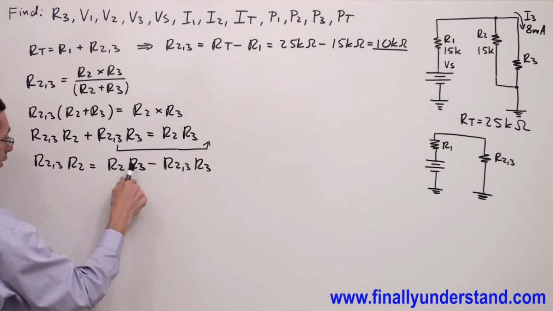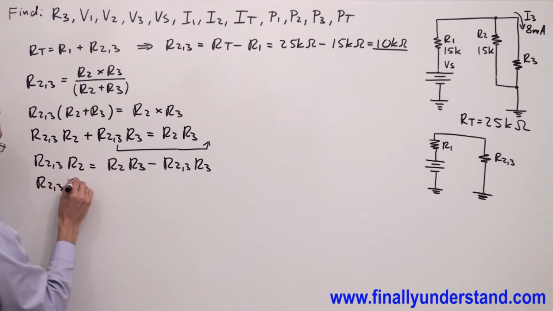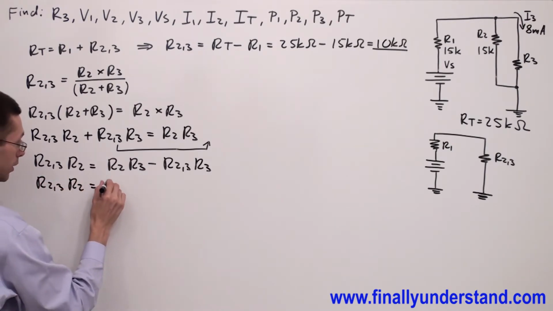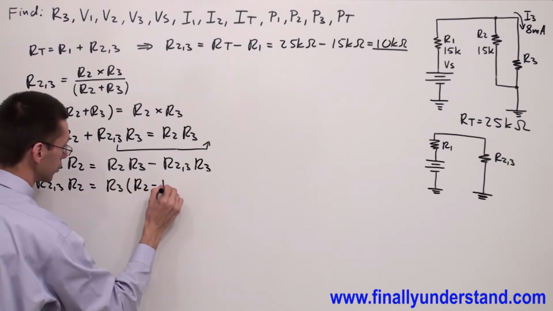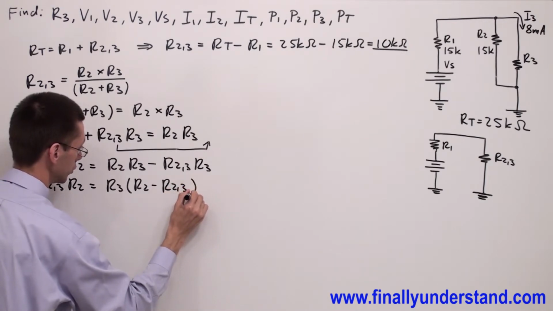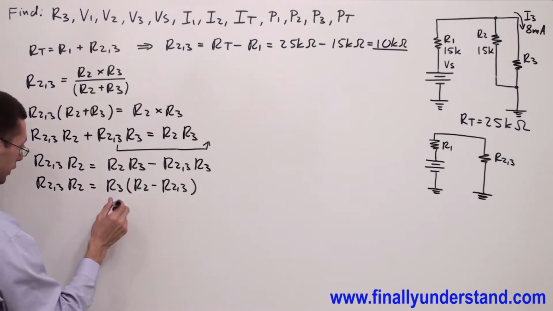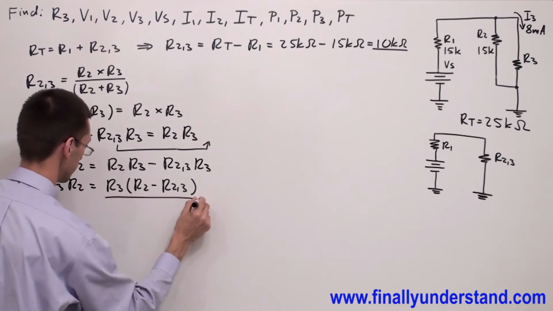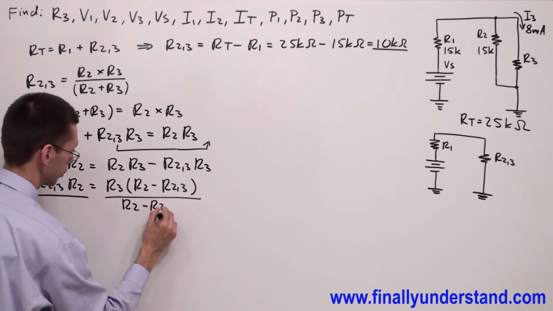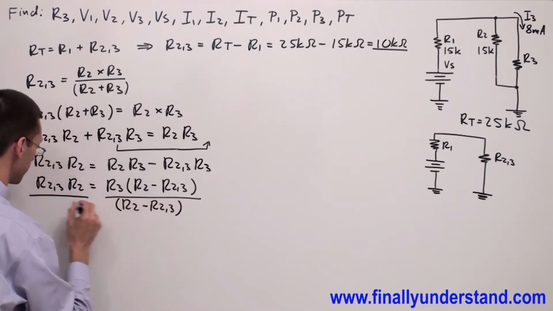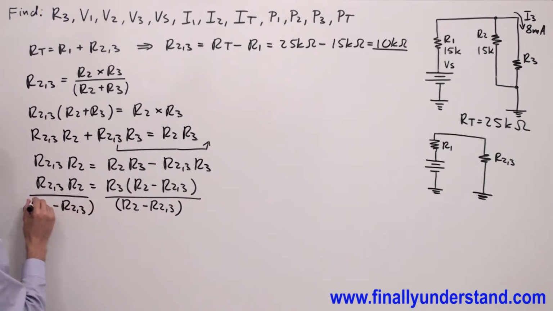Next, I'm going to factorize R3 because I'm looking for R3. R2, 3, R2 is equal R3, and I have R2 minus R2, 3. If you are going to divide both sides of the equation by whatever is multiplied to R3, in this case I have to divide by the parentheses, R2 minus R2, 3.